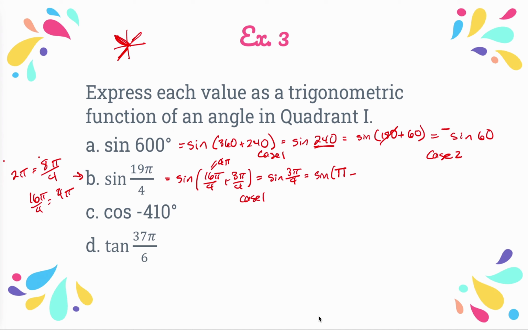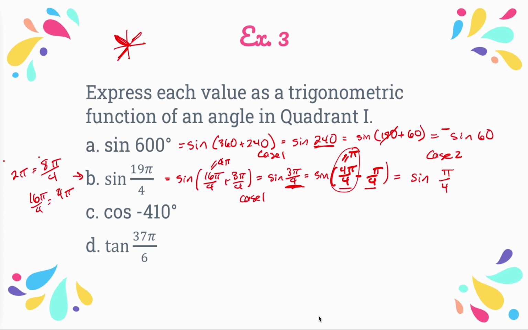I'm going to write that pi as 4 pi over 4 to get a common denominator. So pi minus 3 pi over 4, 4 pi over 4 minus 3 pi over 4, gives me pi over 4.